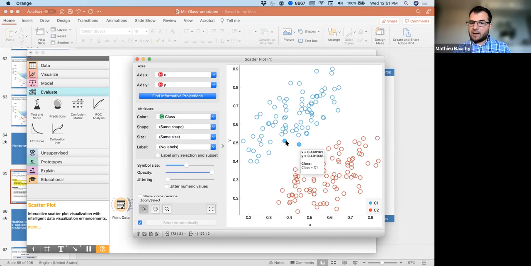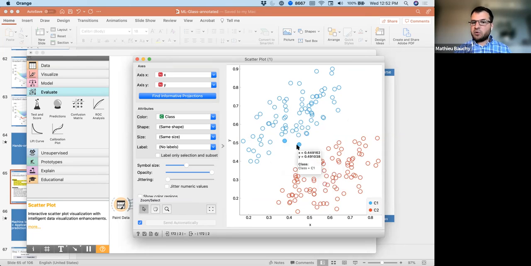Those are the data points that are misclassified by the model. Those are the points that the model thinks should be red, although they are actually blue. The reason the model gets confused is because they are close to the boundary. For points close to the boundary, it's easy for the model to get confused because it's not really sure if it should be blue or red.